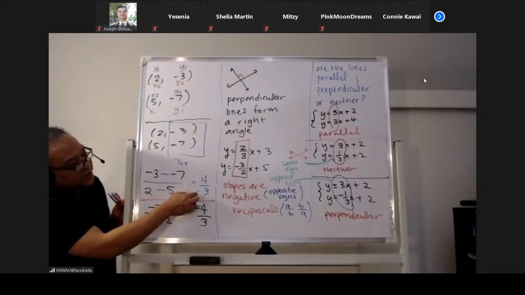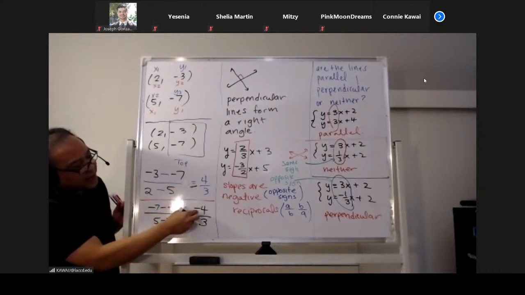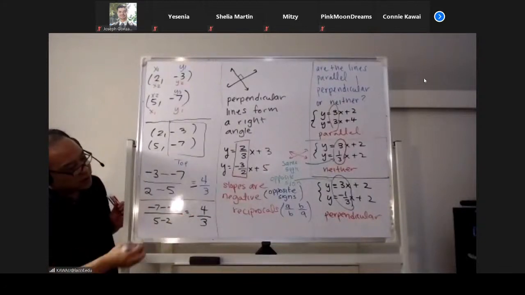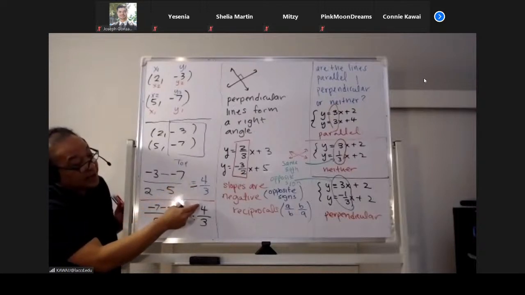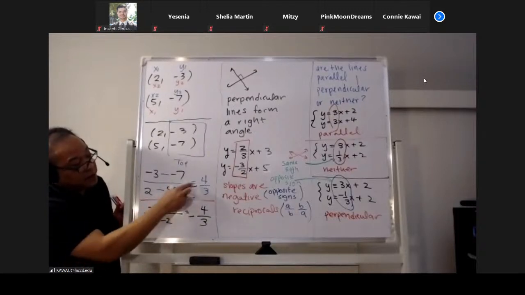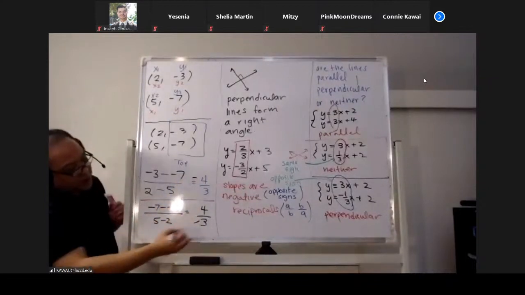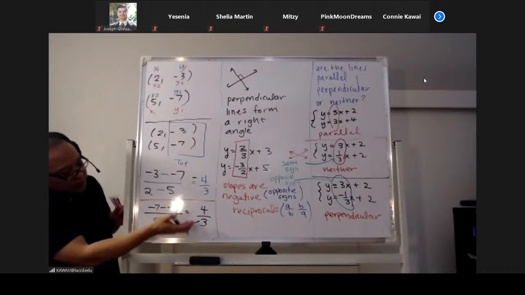Even though this negative's on the bottom, it really goes in the middle. Really, though, even though this negative's on the top, it really goes in the middle. Because a positive divided by negative is a negative, and a negative divided by a positive is a negative. So they'll be the same. The only difference is the signs will be opposite what they were before. But when you write it, you'll put the negative in the middle.